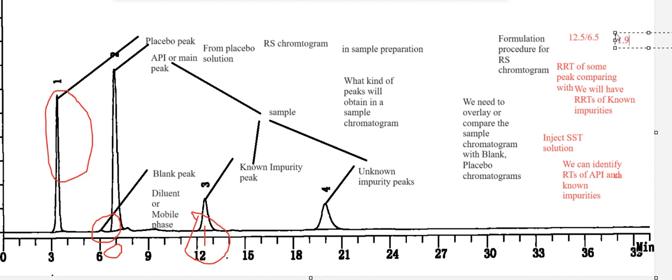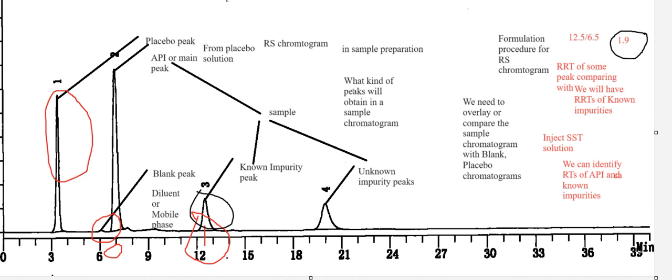If we match this 1.9 value with the given specification, or given known RRT table, then this will be the known impurity.